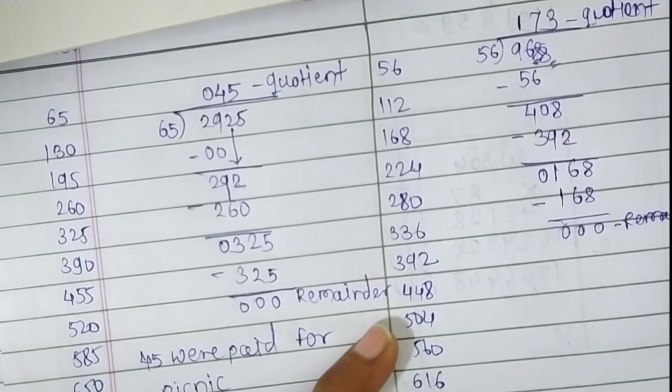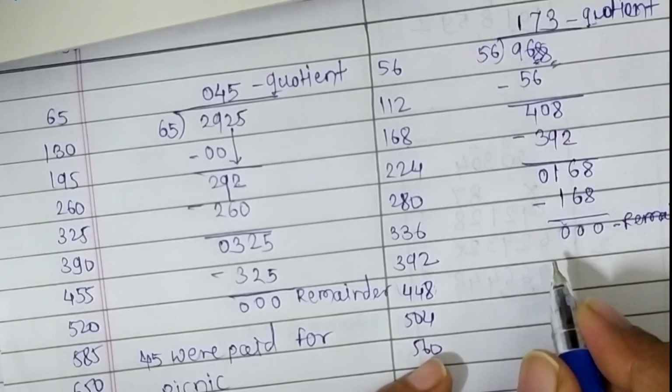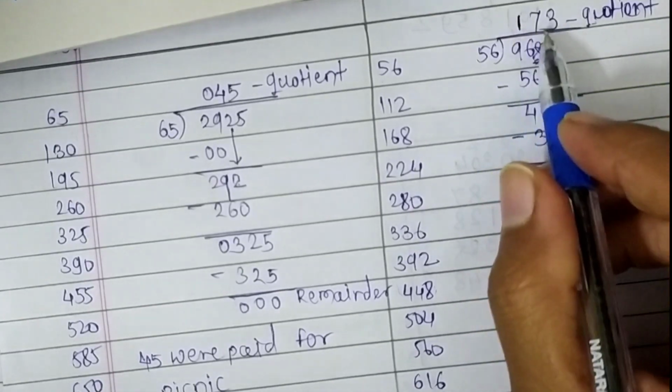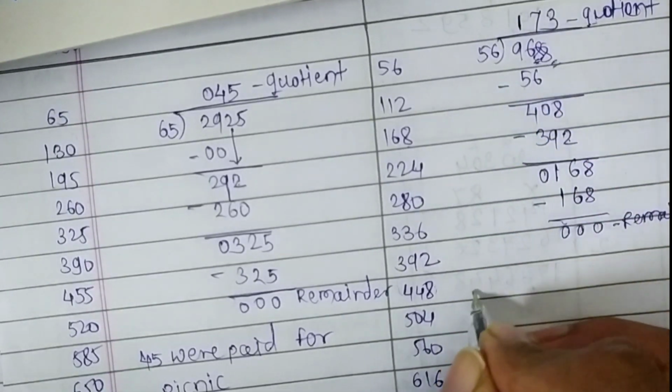So which number on being multiplied by 56 gives 9688? It is 173.